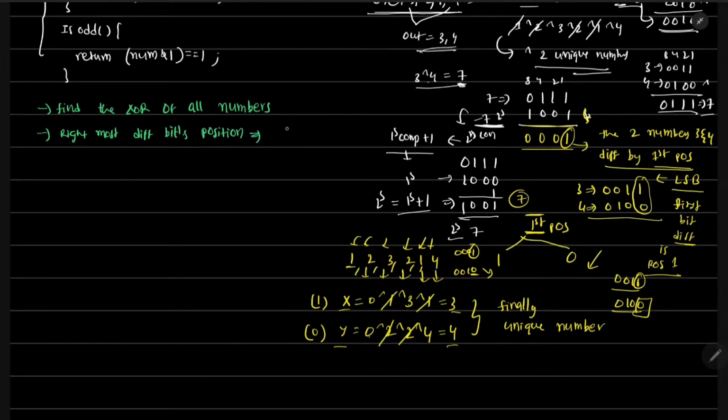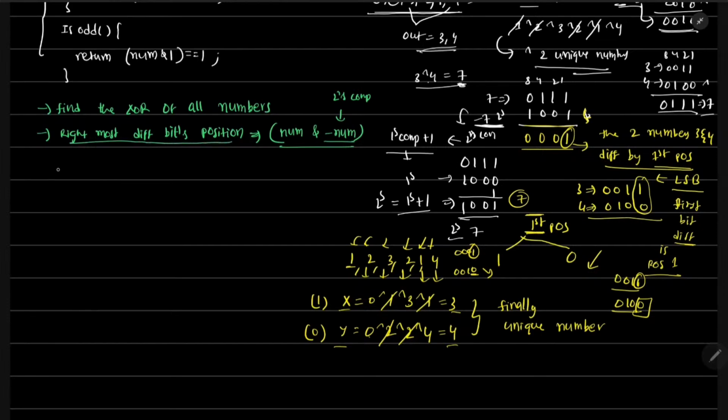The formula for this, you know, right? You take the number and do an AND operation with its negative. This is the 2's complement. You don't need to do the 2's complement manually. Just do it like this, and it will be converted into the 2's complement programmatically inside. It will give the rightmost different bit position, right?